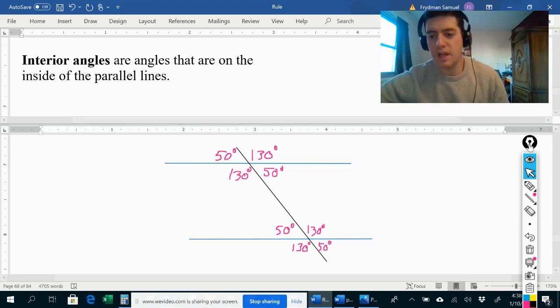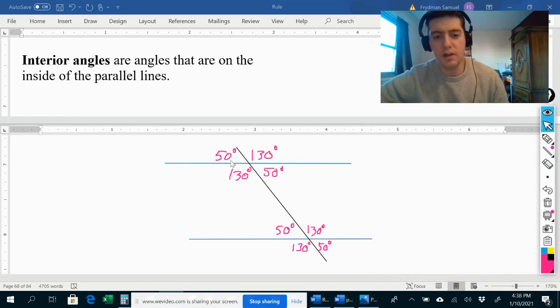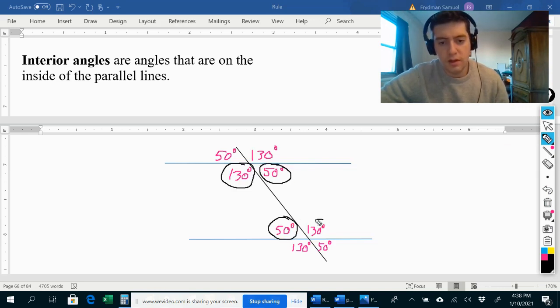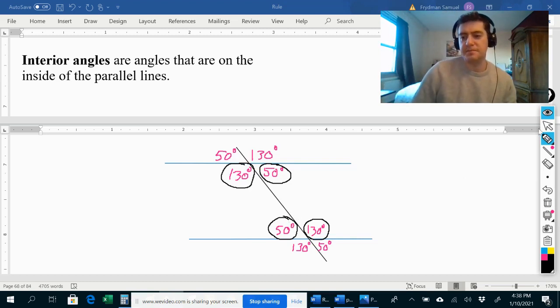So in this diagram over here, here are the parallel lines, which are drawn in blue, and then the angles which are inside the parallel lines would be this one. I'm just going to circle them. This one, this one, this one, and this one. Okay, so these angles over here are inside the parallel lines.